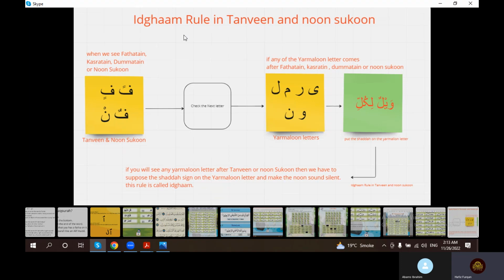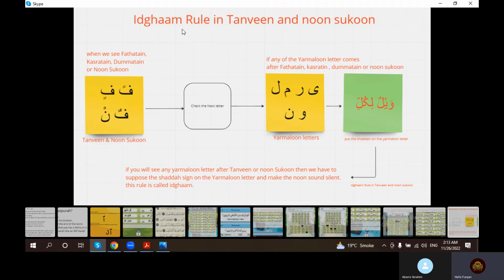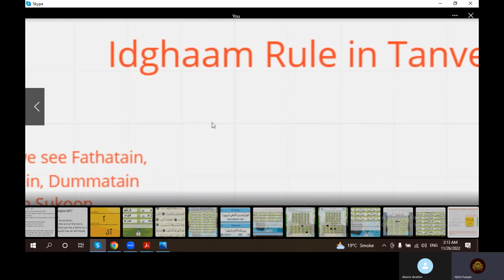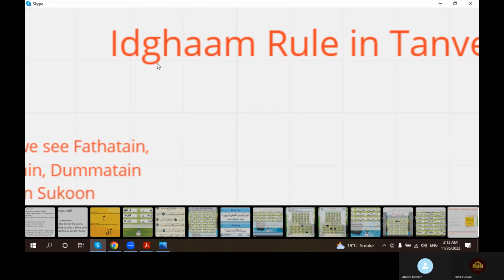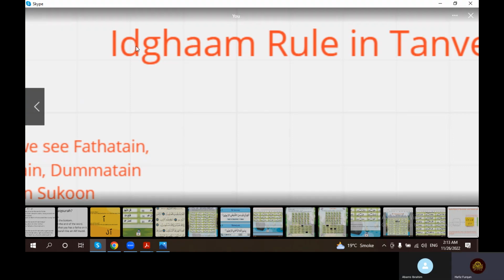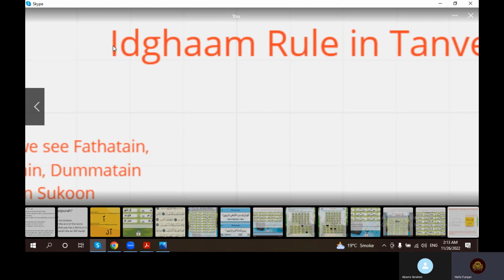Remember this rule and you have to note it also. It is coming a lot in Quran. I want that you are not going to get confused on it. What is this rule name? Idgham rule. Idgham means merging.